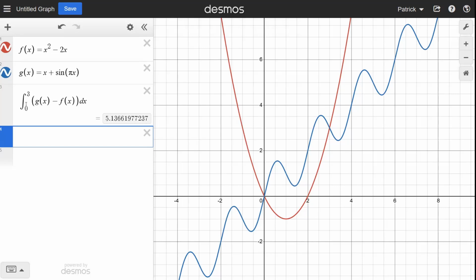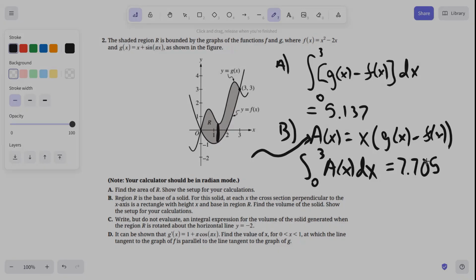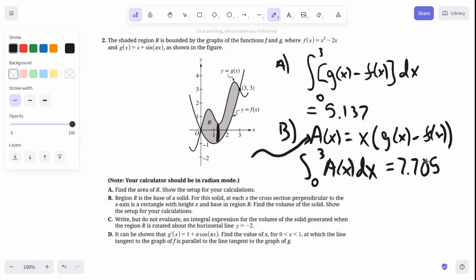The only difference with this problem and that one is that the x was right there to get the area of the rectangle. So everything else is the same. If I just put that x there, that will be the same expression I need. And my volume is 7.705. There we go.